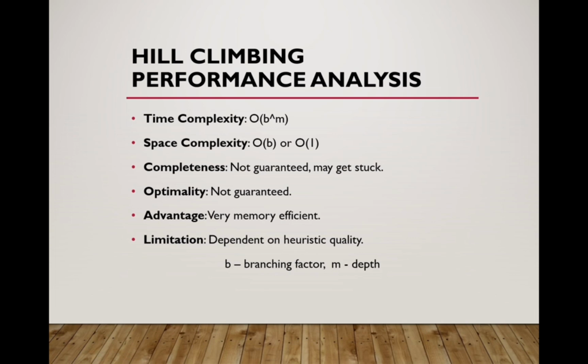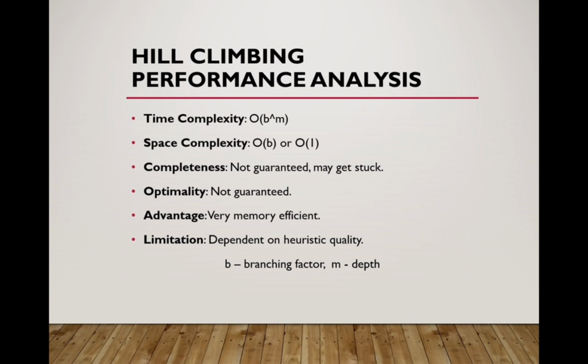And the completeness is not guaranteed, because it might get stuck because of local maxima or plateaus. And optimality, it won't guarantee that it will find an optimal solution, as we have found in the sample run of the code as well, because of the local maxima or the plateaus that exist in this hill climbing algorithm.